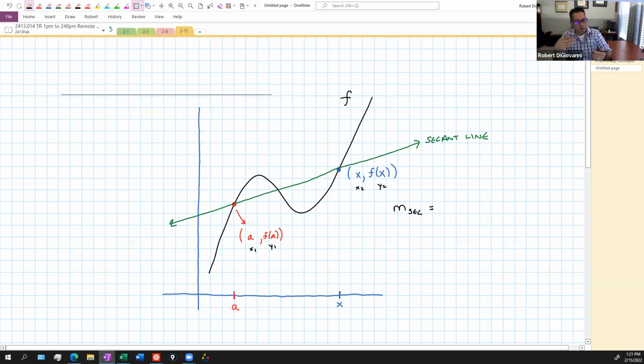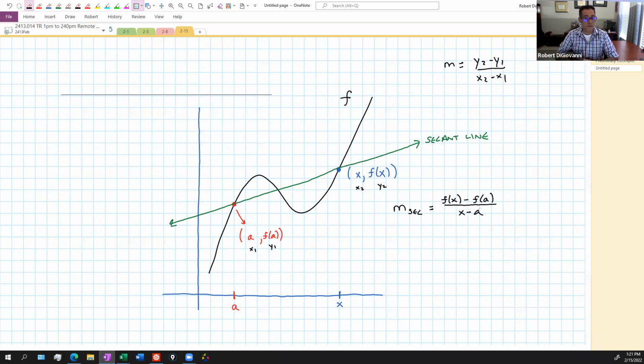The formula says that the slope is y2 minus y1 over x2 minus x1. If I follow that formula, then I should get f of x minus f of a over x minus a, right? That's just taking the difference of the y coordinates and dividing by the difference of the x coordinates. Any questions?